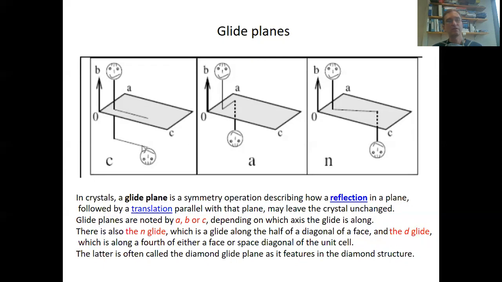We have to glide it along the C direction when there's a C glide plane present. After that, we have to reflect it at a plane. And that plane must contain the C direction. The translation must be parallel with the plane. That means that we now either need to reflect at the AC plane, as shown here, or the BC plane, which would be this plane here.